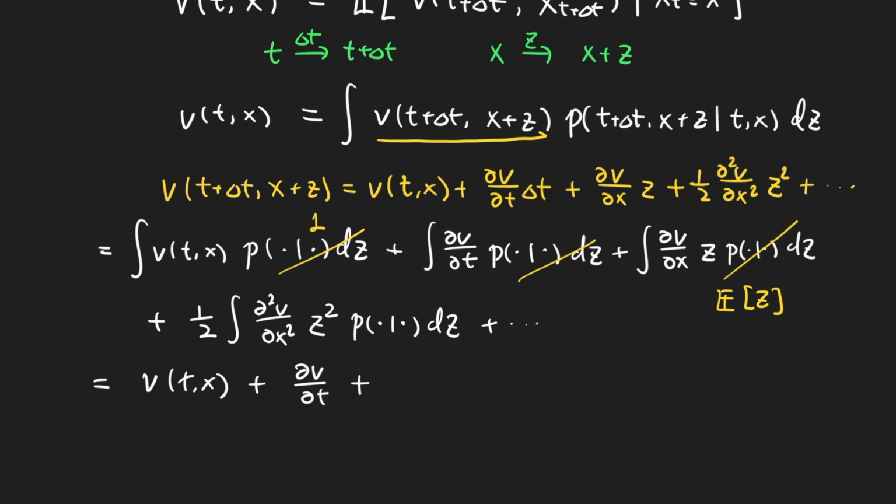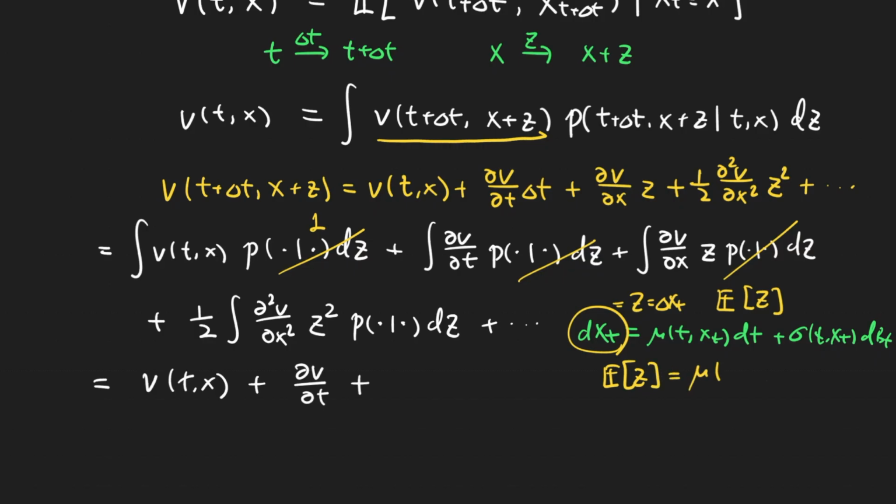Remember our process: the change of X_t equals mu times dt plus sigma times dB_t. So here we can replace this dX_t with z. I should say that z equals delta X_t, just to be safe. This means the expectation of z equals mu of t and X_t times delta t.